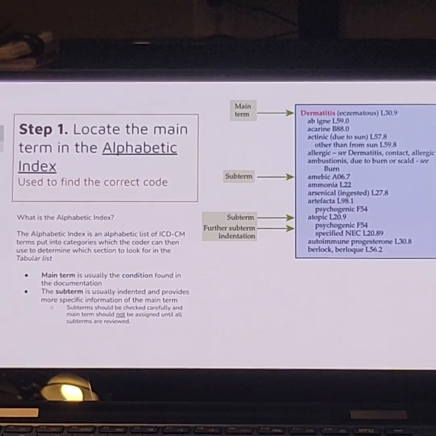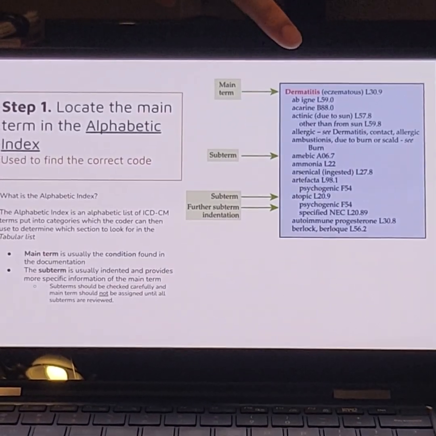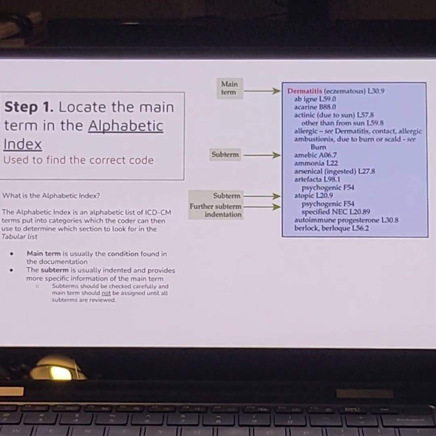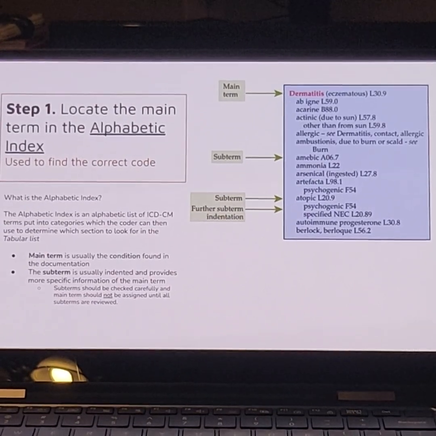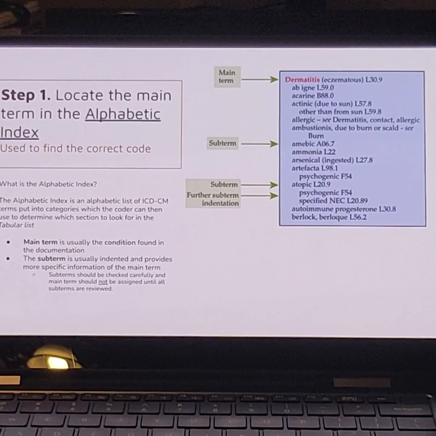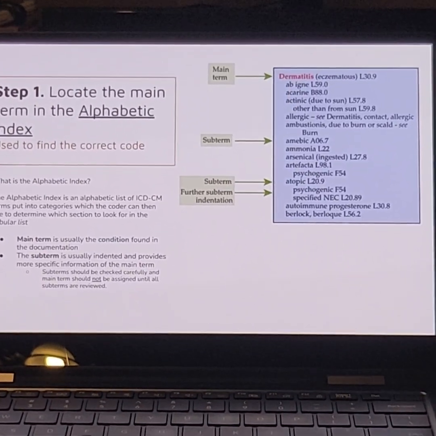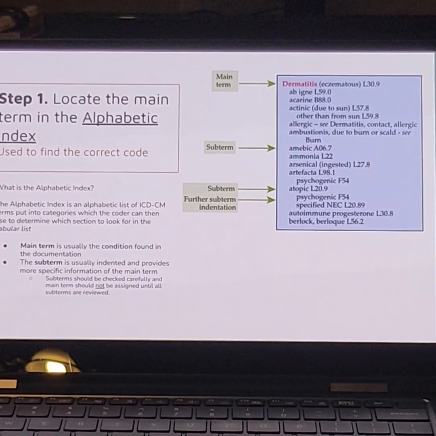The example here shows dermatitis as the main term. If you have documentation of, for example, an ammonia burn or something like that, it would be a subterm. And then there's further indentation for more categories.